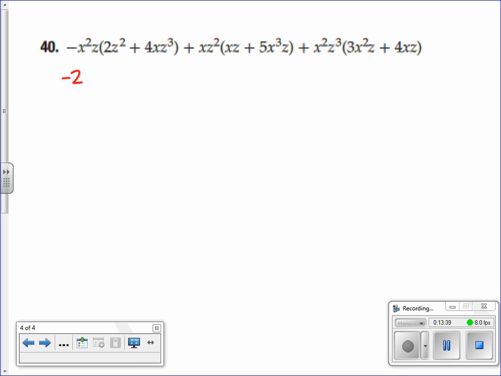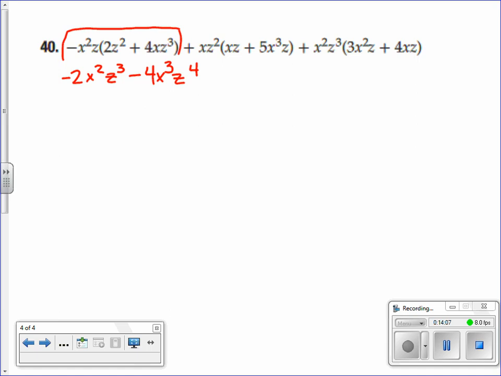There is no other x, so I say x squared z to the third. Now I have negative x squared z times 4xz to the third. So that's going to be negative 4x to the third z to the fourth. I've just taken care of this part.